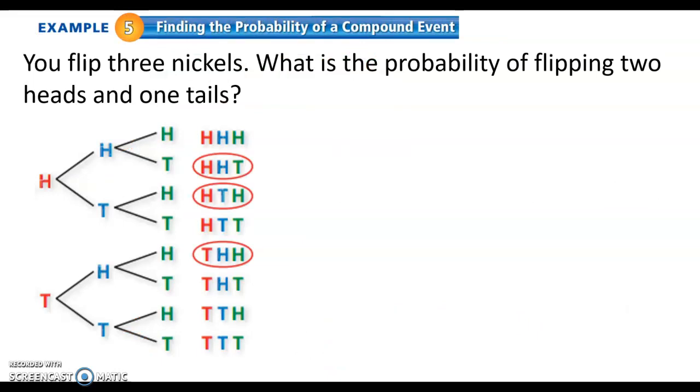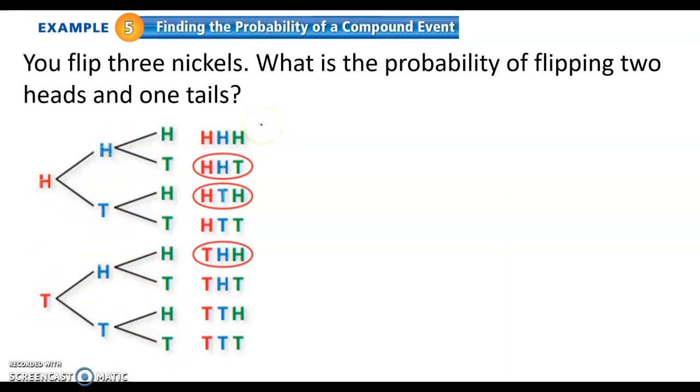All right, let's look at this one. You flip 3 nickels. What is the probability of flipping 2 heads and 1 tails? So here's the heads, here's the tails. So the first one could be either heads or tails, the second one heads or tails, and then the third flip.